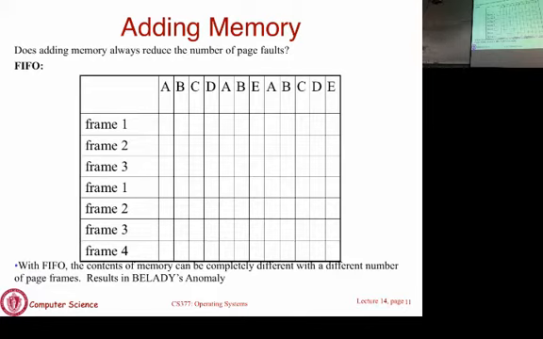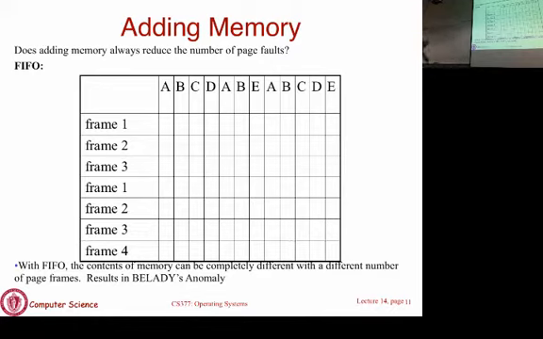You have 3 frames, so you throw out the oldest page, which is A. Then you are looking at A again, a page fault, which is the one you throw out now. D, B, and C, what's the oldest?